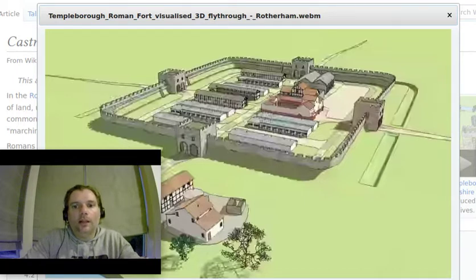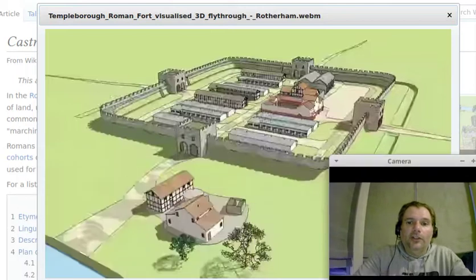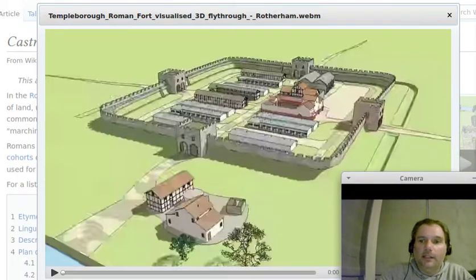They were trying to find a flat place where the visibility was good, and the design was this one. If you're interested, you can find that on the Wikipedia page under Castra. It's fascinating if you see the design.